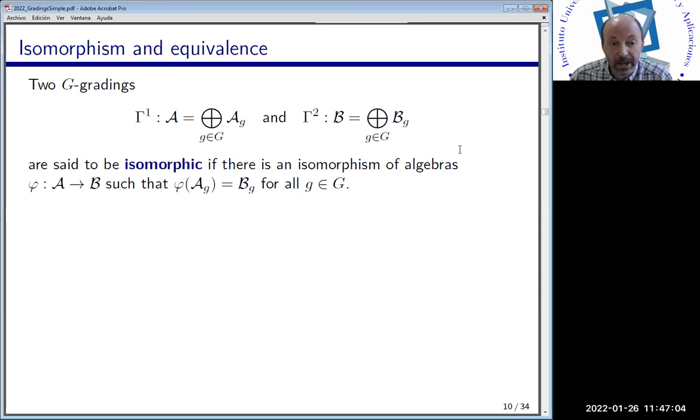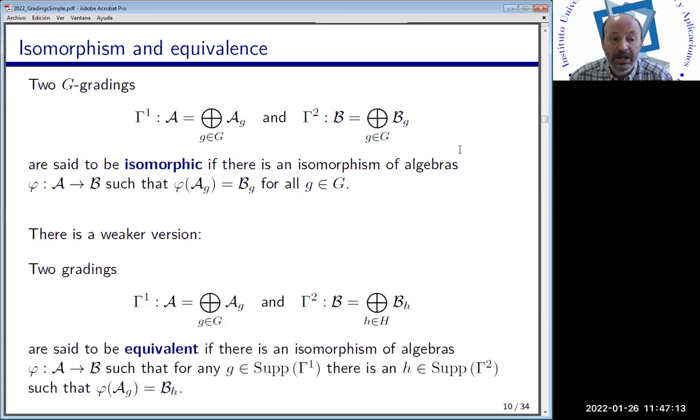However, we may consider the gradings just as splittings, nice splittings of the algebra, and then we get a weaker version, and this is the notion of equivalent gradings. Here, the grading groups may be different, and we say that two gradings are equivalent if, again, there is an isomorphism of the corresponding algebras, such that homogeneous components are sent to homogeneous components, but the degree may be completely different.